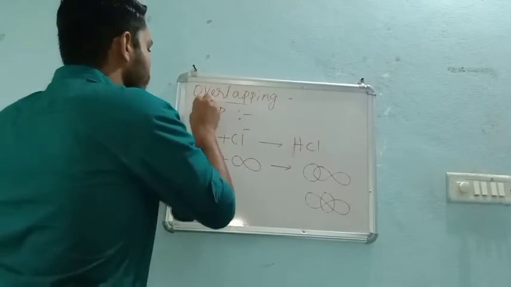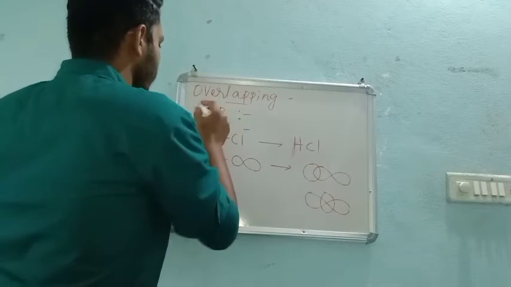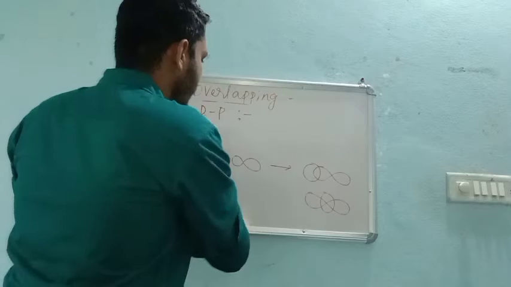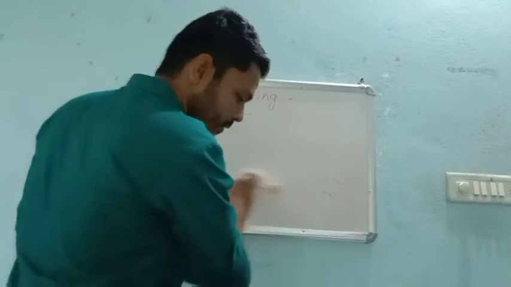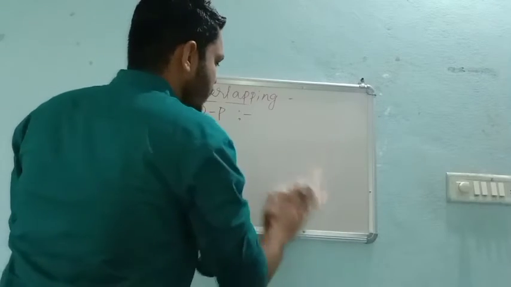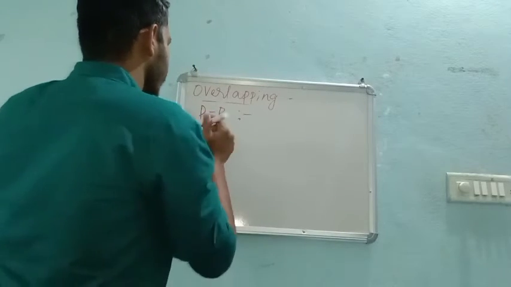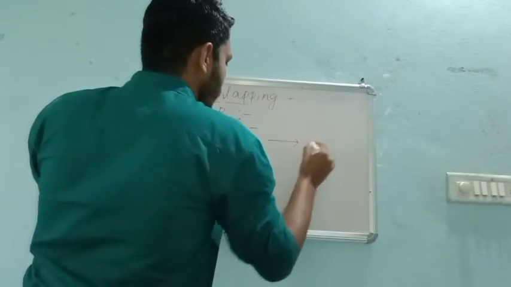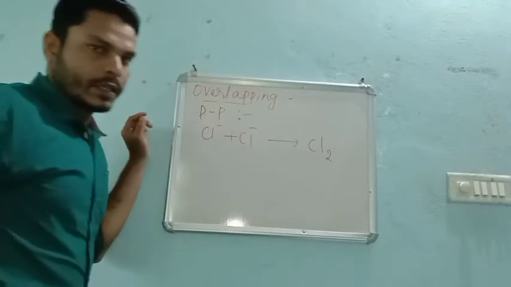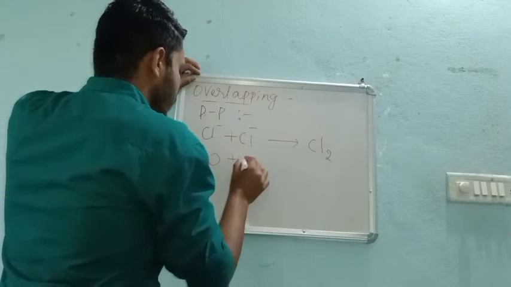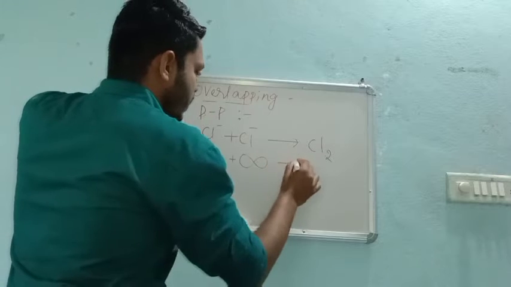And now finally we can see pp overlapping, and for this we will take one more example. Whenever there is a pp overlapping, Cl minus reacts with Cl minus to give Cl2. Cl is a p-block element, so it has a dumbbell shape, again a dumbbell shape.